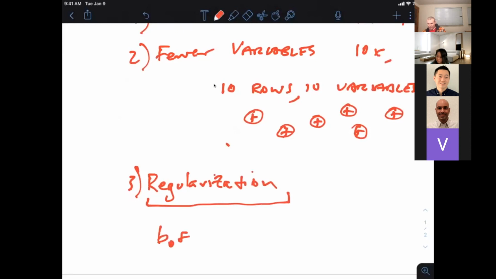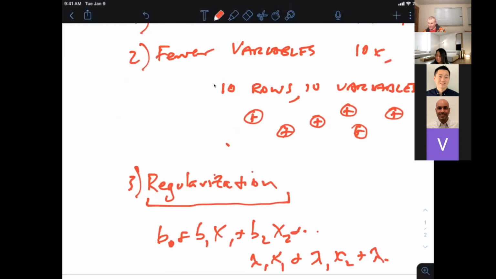Well, there's something called regularization, I guess, which if you're looking at B0 plus B1 x1 plus B2 x2, you have these coefficients. Then you start adding in these lambda values per variable that you have, where these here are calculated coefficients, and these here are terms that you add in, and it's a learned parameter.